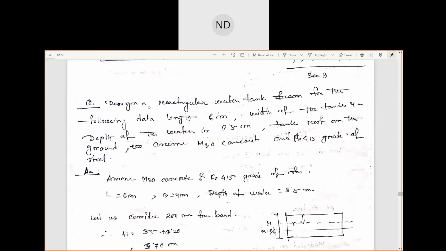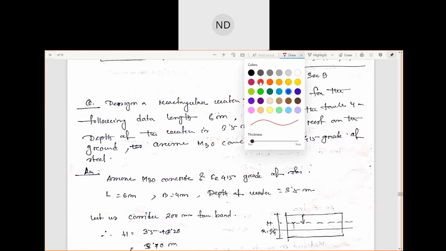There are two conditions when you're designing a water tank.